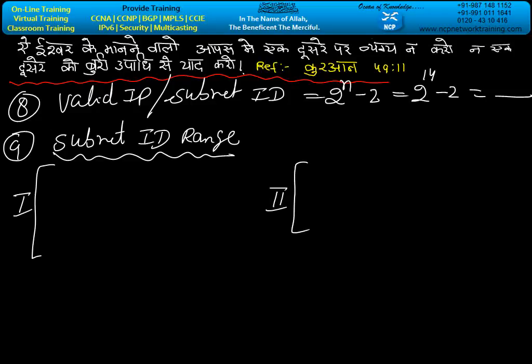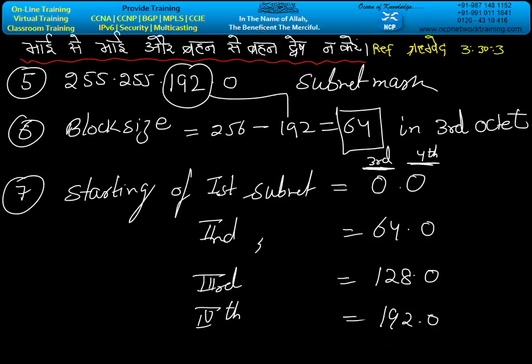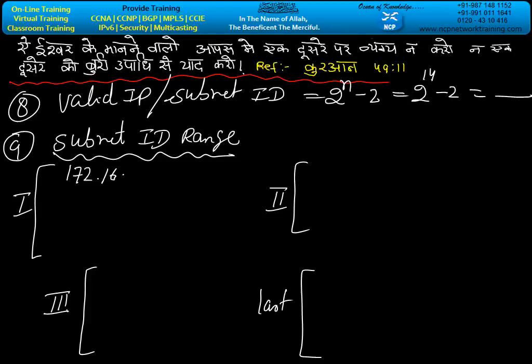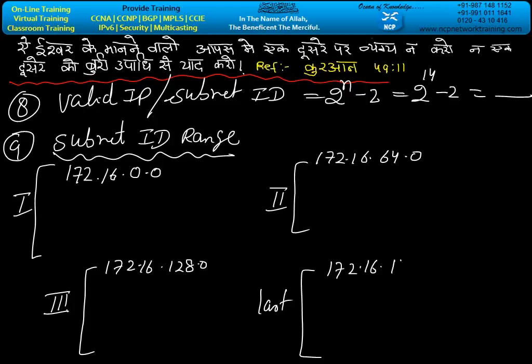First subnet ID, second subnet ID, we want to write here third subnet ID, and here last subnet ID. 172 and how much, 16 is given to you, and the first subnet will start from 172.16.0.0, and the second will start from 172.16.64.0, and third start from 172.16.128.0, and the last start from 172.16.192.0. NID, we have written the NID for all the subnet. NID.